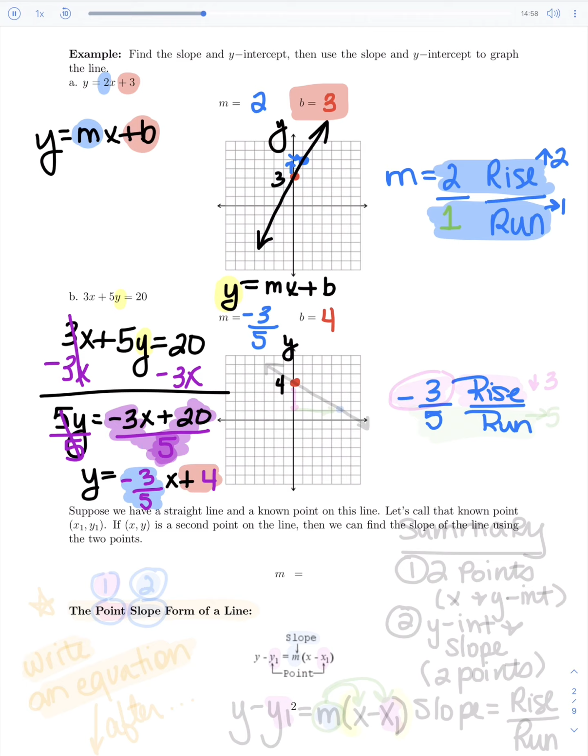So I'm going to do what I think is easiest, which is to use the negative as part of the rise. I think that'll be easiest. So what that means is that my rise is negative, which means, because it's negative, I'll go down 3. So I'll go down 3 from my y-intercept at 4. So it'll be 1, 2, 3 down.